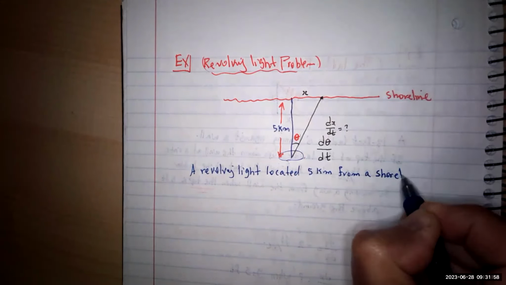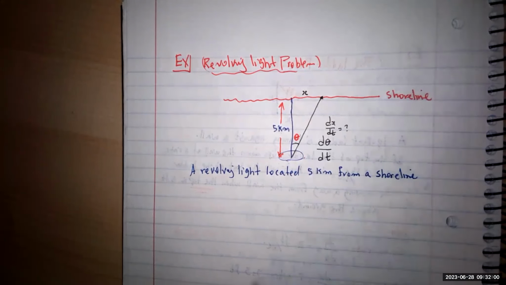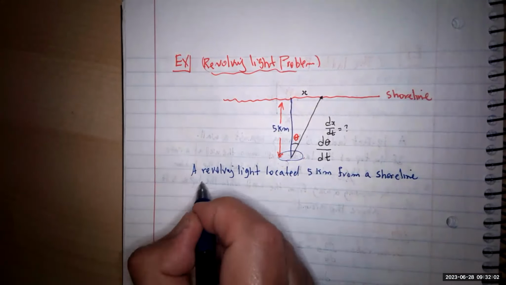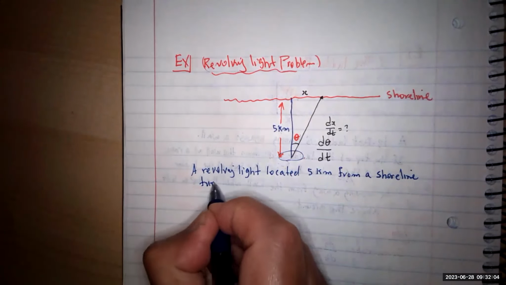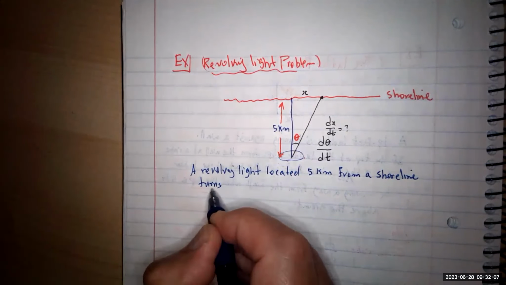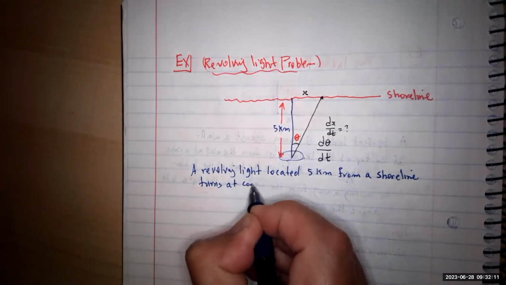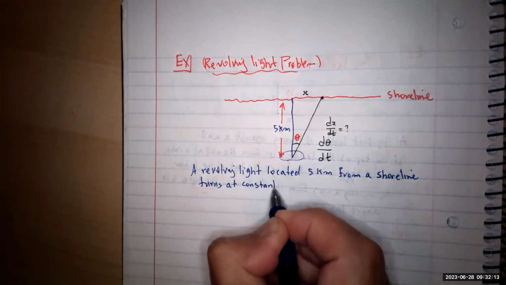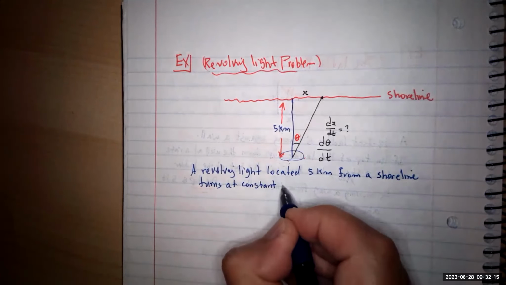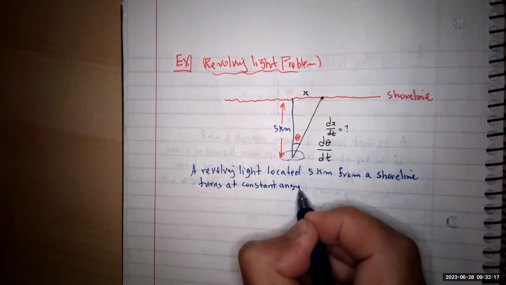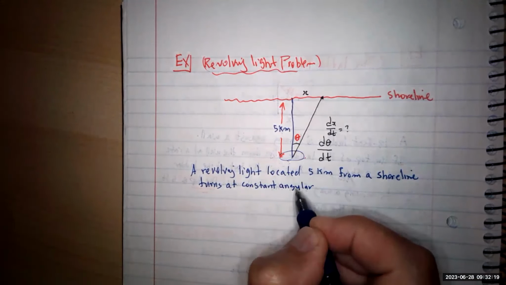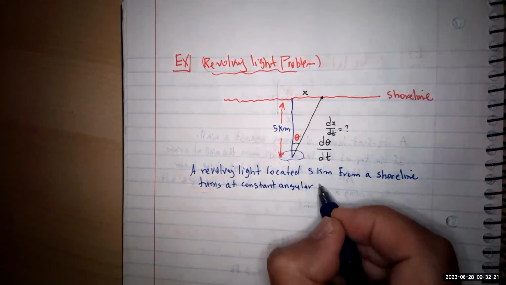The light turns at a constant angular velocity, or angular speed.